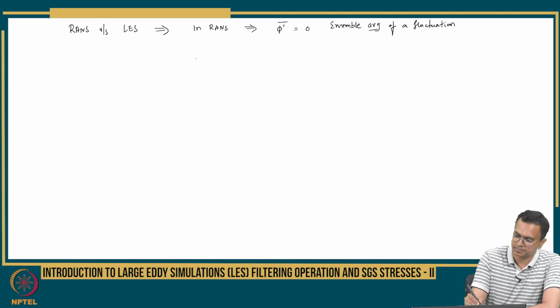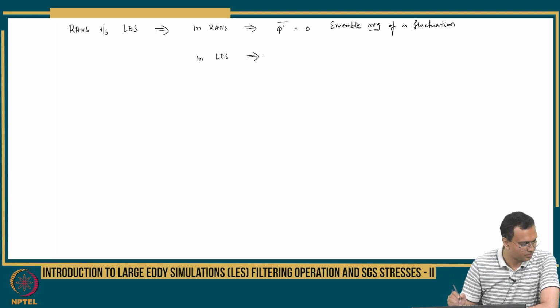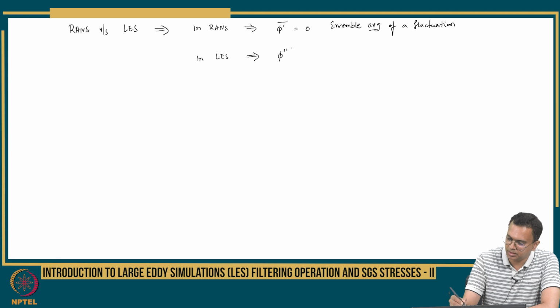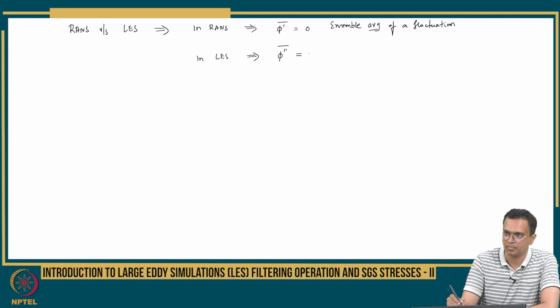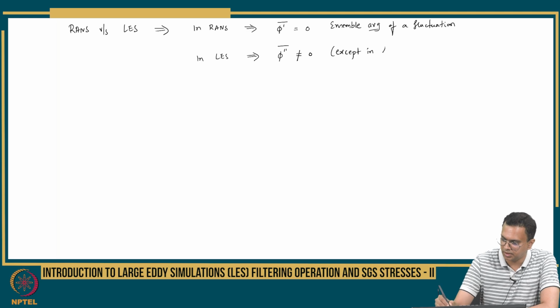But in LES, phi double prime is our residue and over bar is the filtering, volume averaging. What will this be? Is it 0 or non-zero? It is in general non-zero, except in spectral filters.